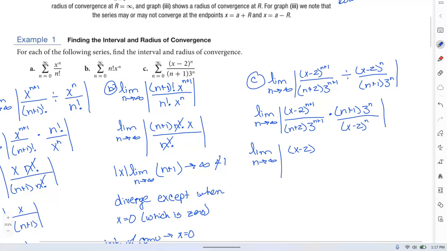I can see the 3's are going to reduce, so I'm going to have a 3 left in the bottom. And then the n plus 1 is still in the numerator, and the n plus 2 is still in the denominator. So I have the limit as n goes to infinity of the absolute value of x minus 2 times n plus 1 over n plus 2 times 3.